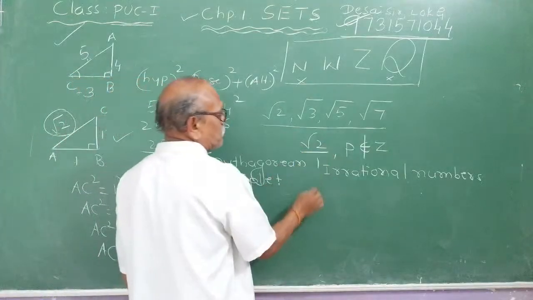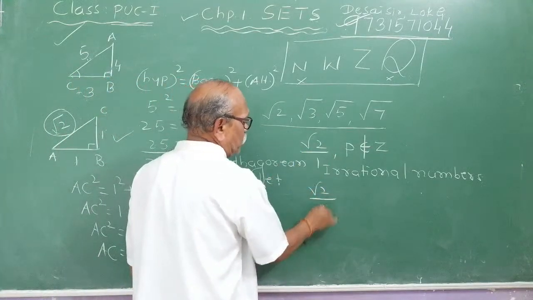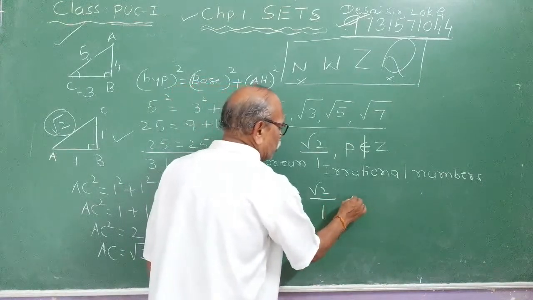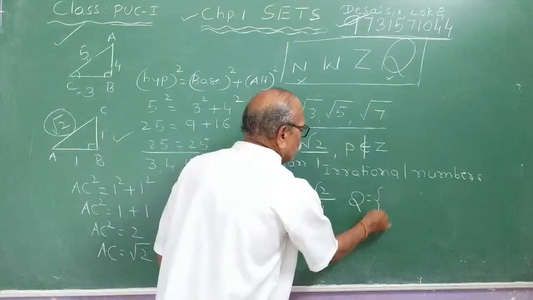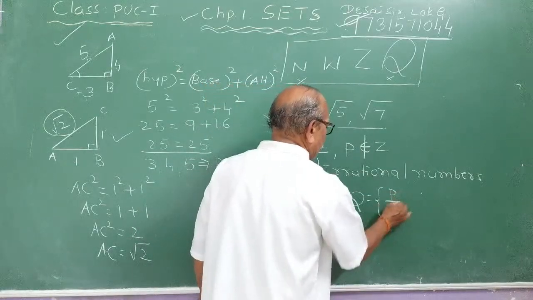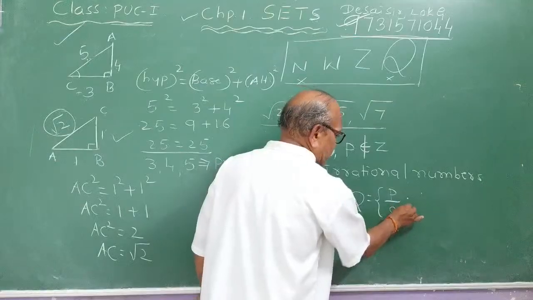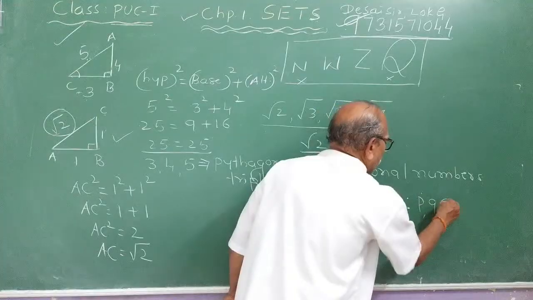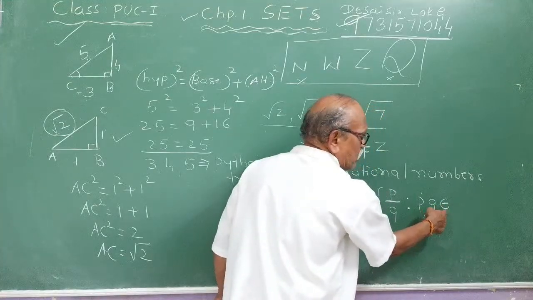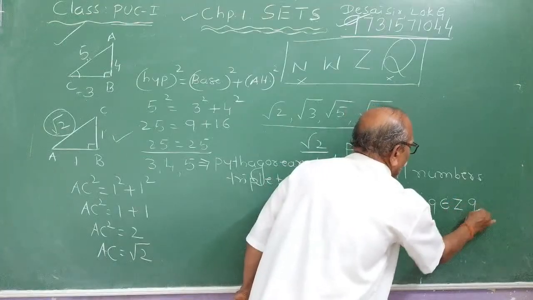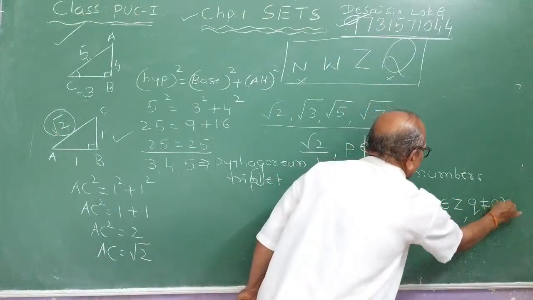Those which cannot be expressed in the form p by q. What is the condition for rational numbers? Q is equal to the set of all p by q such that p, q belongs to Z and q is not equal to 0. This is called the rule method.